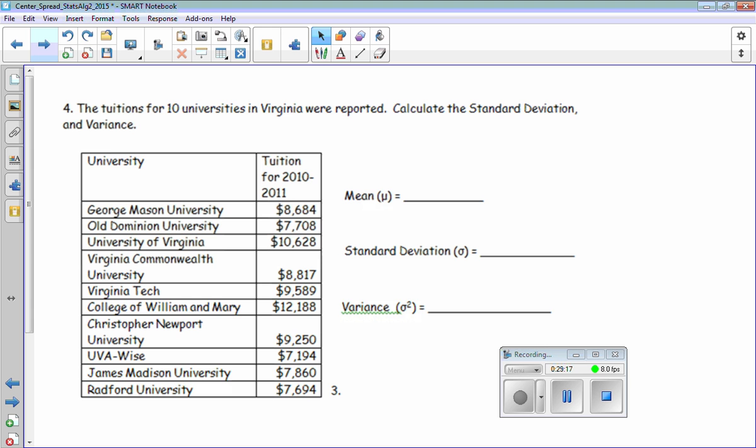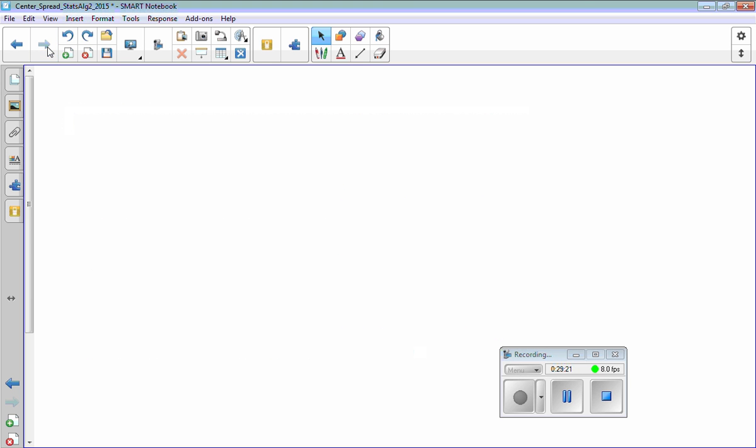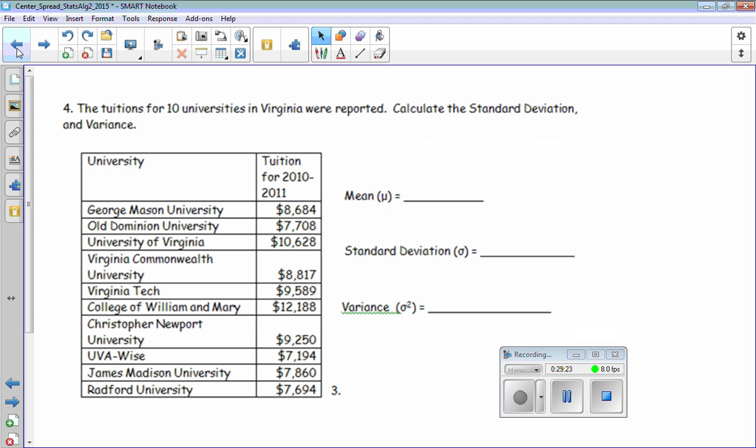We will worry about this word variance next class. Number 4 and number 5, and that's it. So only 4 and 5. And yes, a calculator would be helpful. You cannot take these calculators home. Just 4 and 5, that's all your homework is.